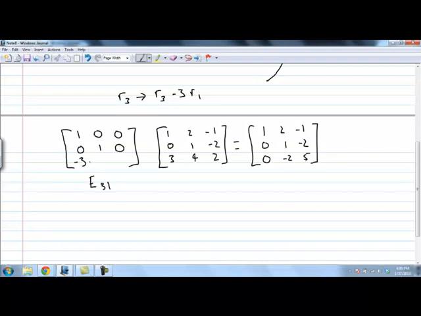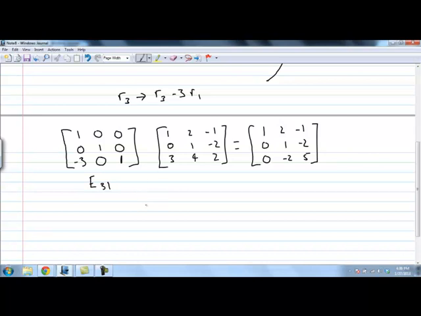So we put our -3 here. Notice that this -3 will multiply in the first row of this matrix. We didn't use any row 2s, so we put a 0 here. The 0 will multiply across row 2. But we did use one row 3, so we put a 1 here. Okay, now we've formed E31.